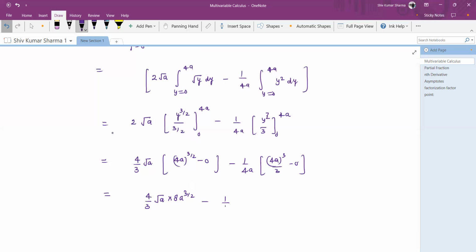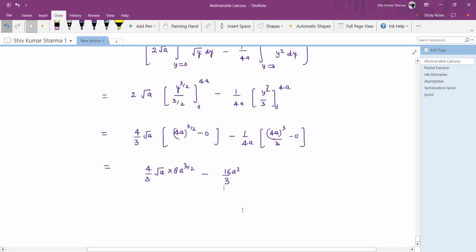So 4a whole cube, 4 cube is 64, so we get 16 into a square upon 3. So this term will be 8 into 4, that is 32 upon 3 into a raised to the power 3 by 2 into root a, which means a square, minus 16 upon 3 into a square. So this gives us 16 upon 3 into a square. So this is our answer. So hope you understand. More problems we will discuss in the next lecture.